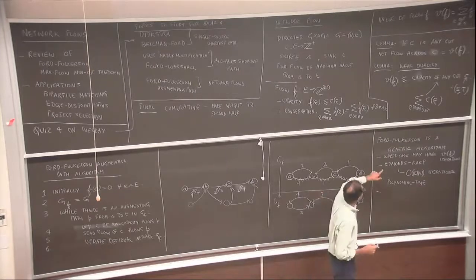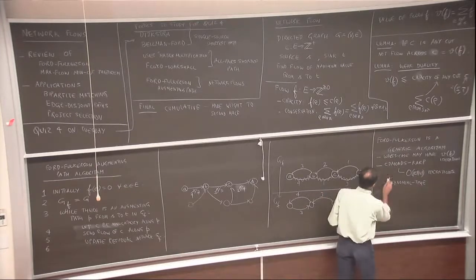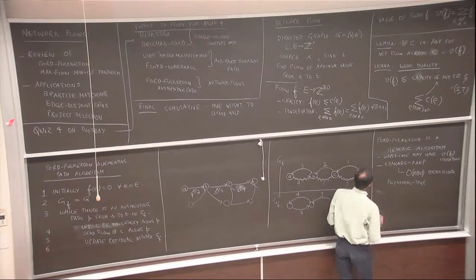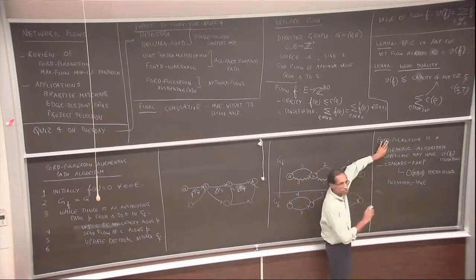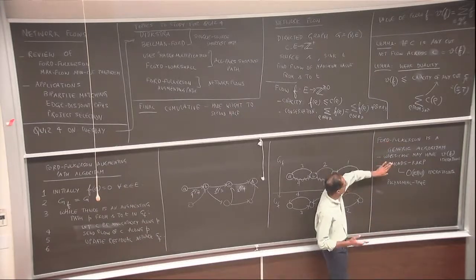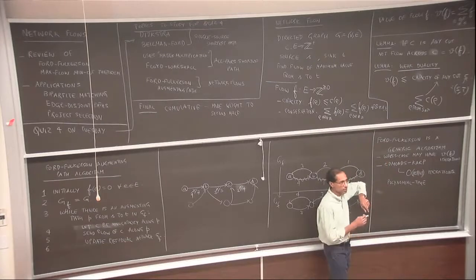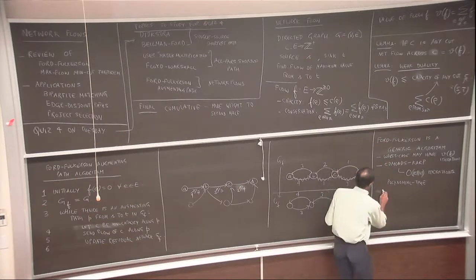So the generic algorithm does not say anything. Pick any augmenting path. Edmonds-Karp says pick the augmenting path that has the fewest hops.